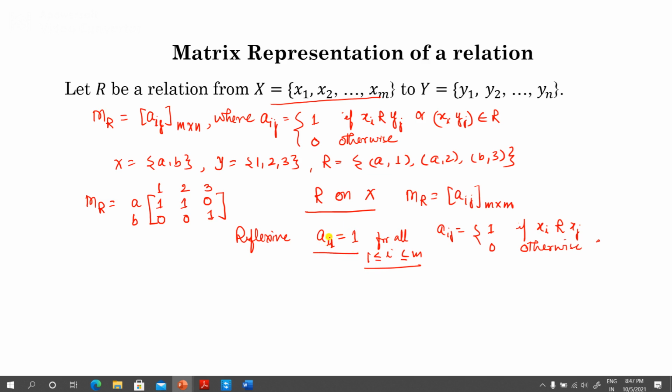So you have to check aii, which means diagonal elements. If all diagonal elements are 1, then you will say the relation is reflexive.